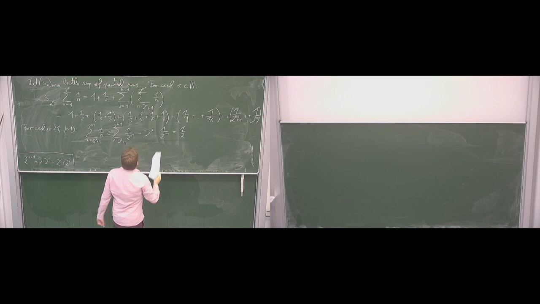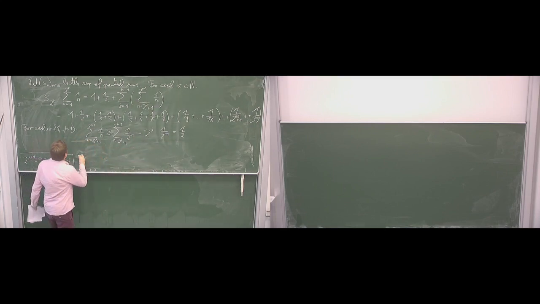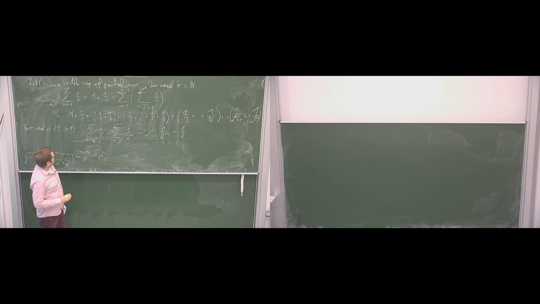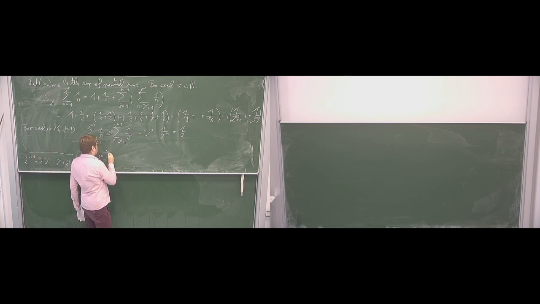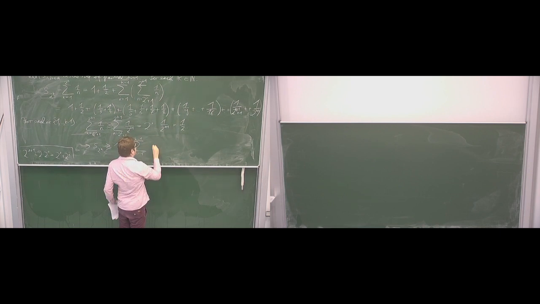So each of these parentheses here is at least 1/2, which means if we estimate our S_2k, this is bounded from below by 1 plus 1/2 plus the sum of i equal to 1 to k minus 1, and then this is estimated from below by 1/2.